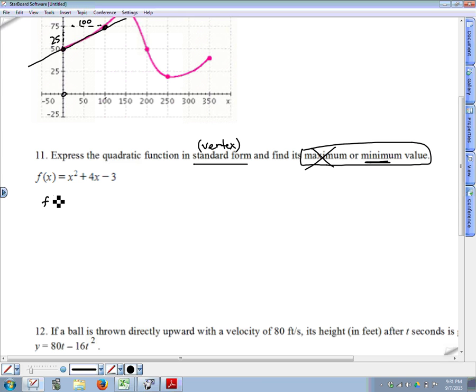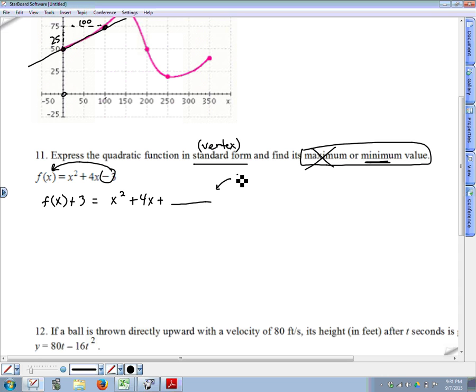So the way I showed it in class was to move this constant to the same side as the function f. I have f of x plus 3 is x squared plus 4x. And where that negative 3 used to be, we're going to add a value to complete the square.